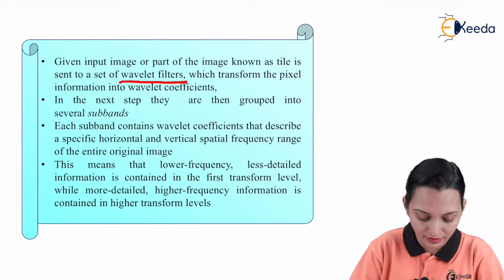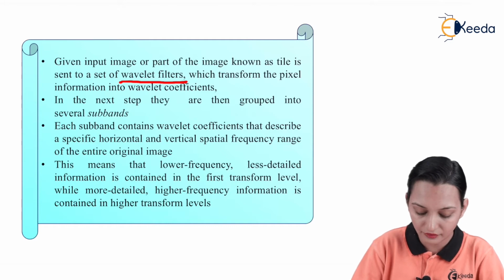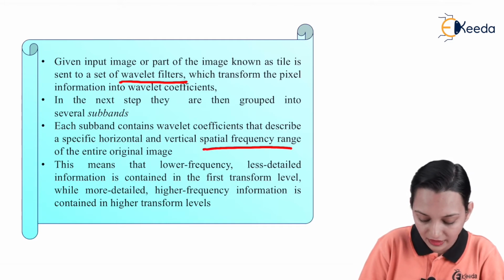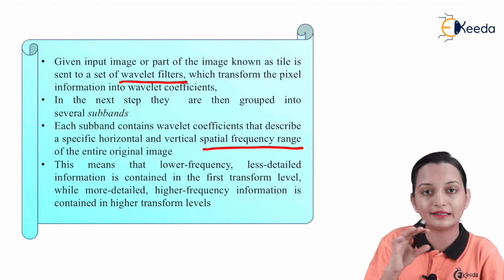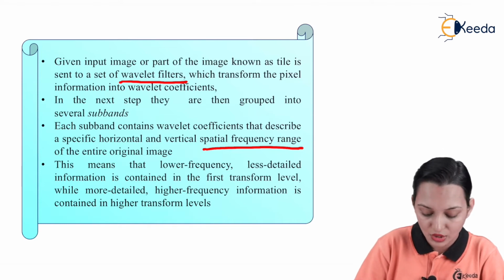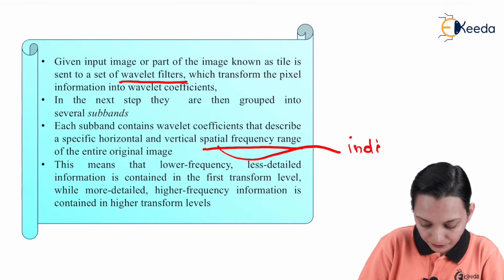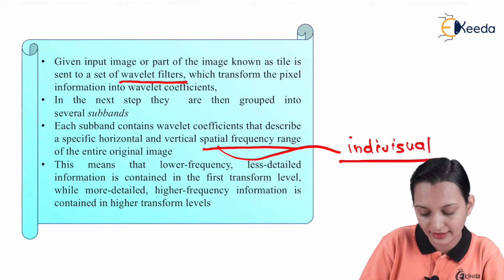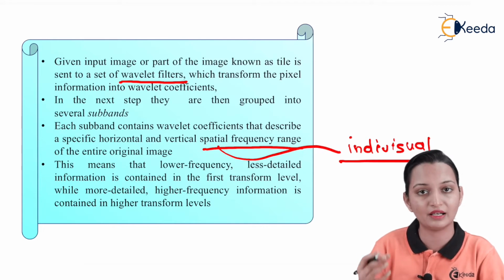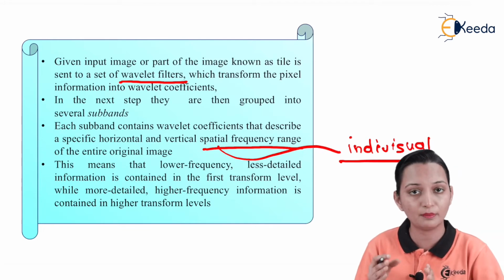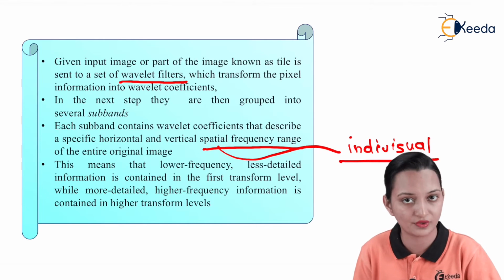Each subband contains the wavelet coefficients that describe a specific horizontal and vertical spatial frequency range of the entire original image. Spatial frequency range means individual. So every tile has some individual output, like every pixel has some individual value.